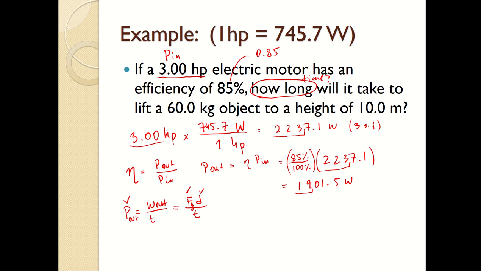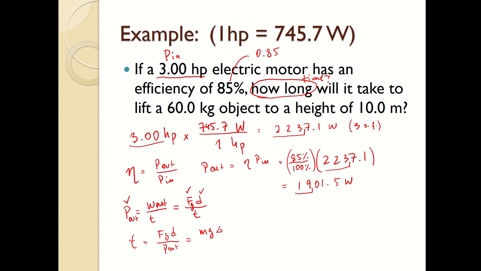If you replace the t and the P out, basically, you get the equation for the time. So we get our Fg times the distance over the power out. We can expand this a little bit: m times gravity times change in height, in this case because we're working against gravity.